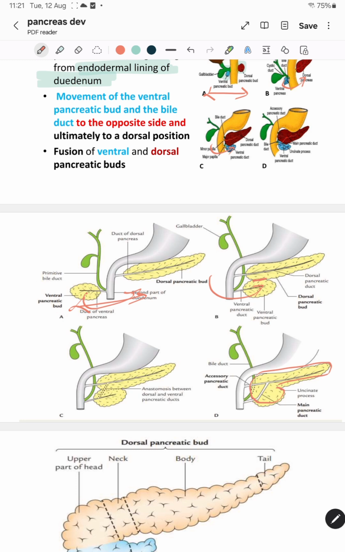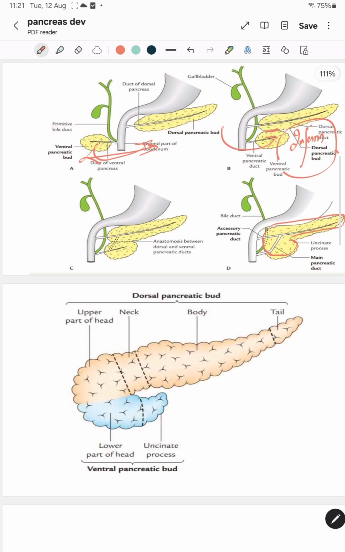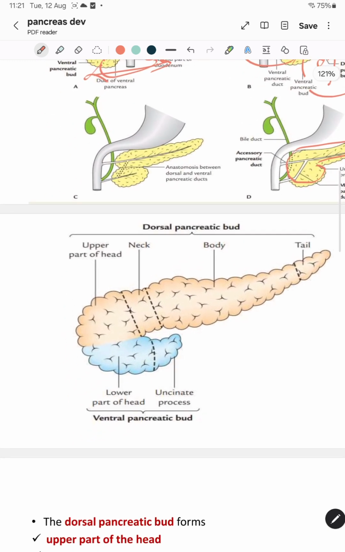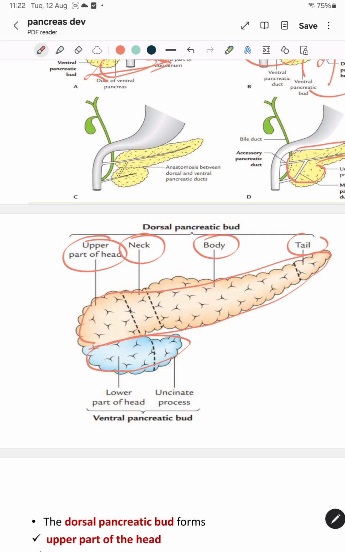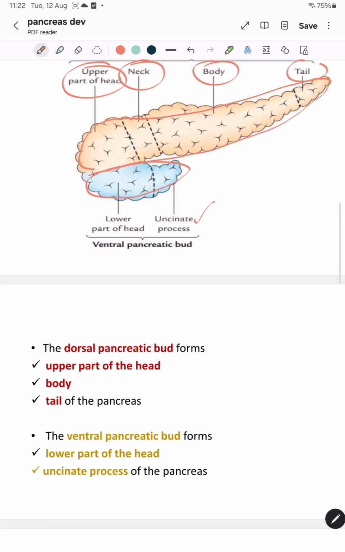So they fused and formed the whole pancreas. Ventral and dorsal buds were opposite to each other, then the ventral pancreatic bud rotated and came closer to the dorsal pancreatic bud on its inferior side, and fused.